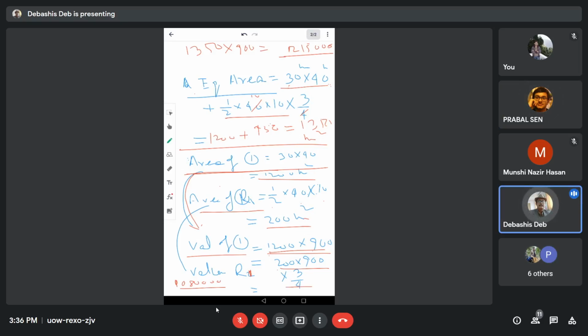It should be the same result as 1215000. So value of R1 is 135000. Then value of 1080000, the summation, say 121500.